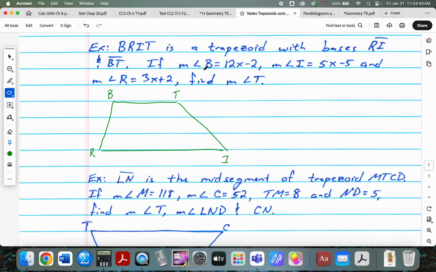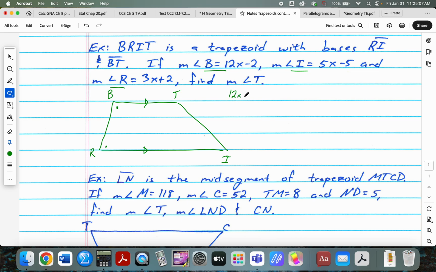And then it tells you about angle B, angle I, and angle R. Well, only 2 of those are actually related to each other. Which 2 are related to each other of those 3? B and R, yeah. B and R are those same side interior angles formed by parallel lines.